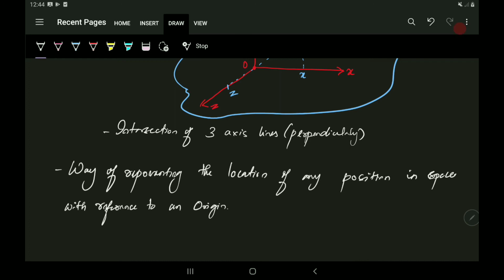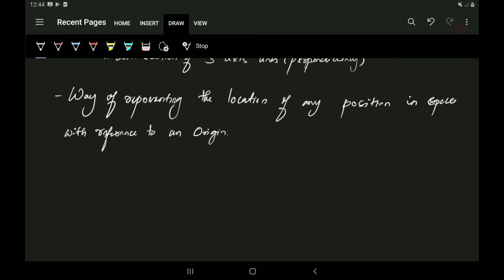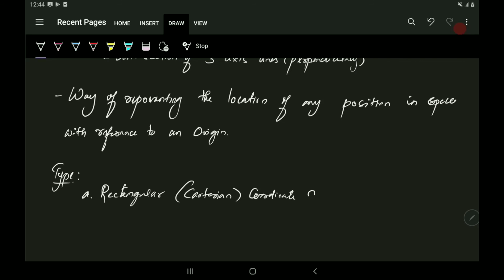In the coordinate system, we have three types. The first one is the rectangular coordinate system, or you call it the Cartesian system.